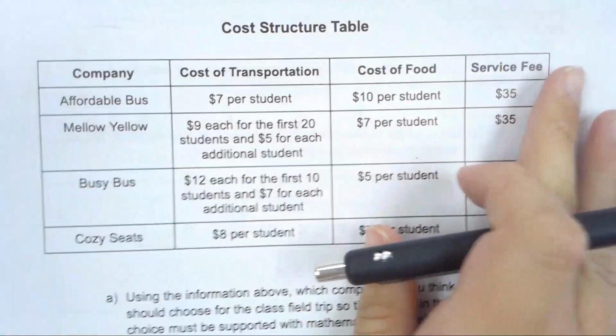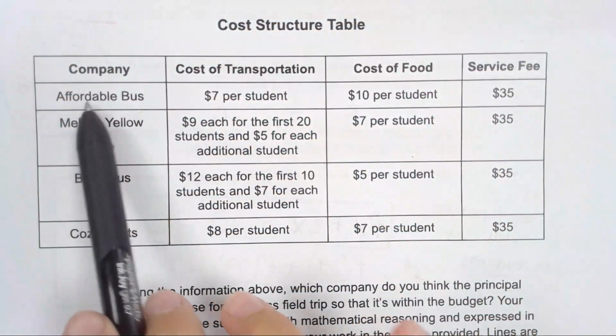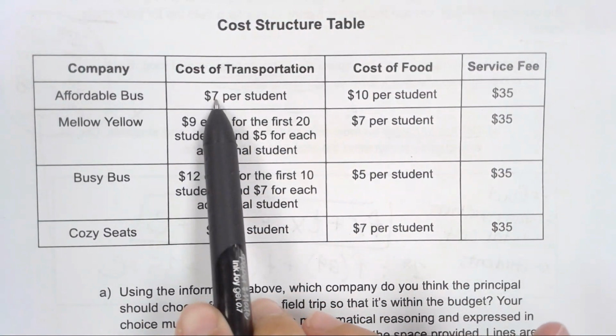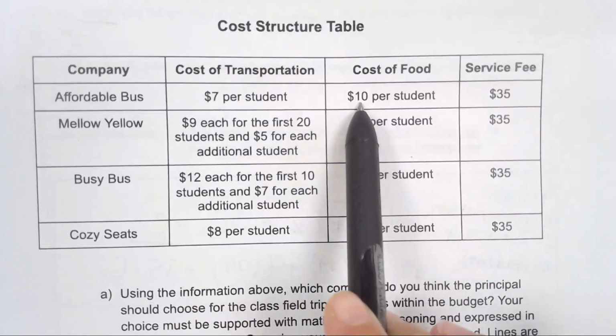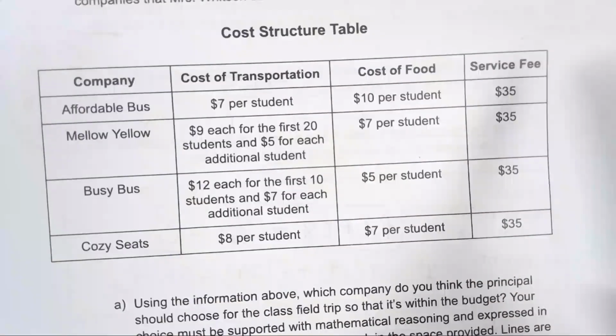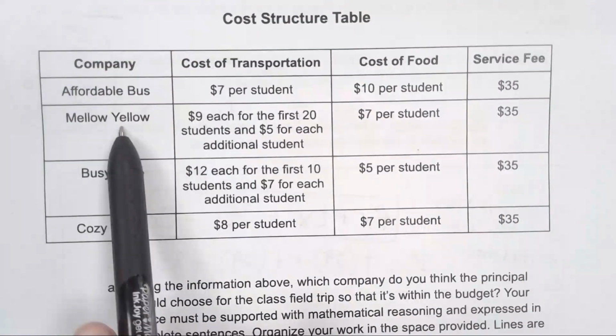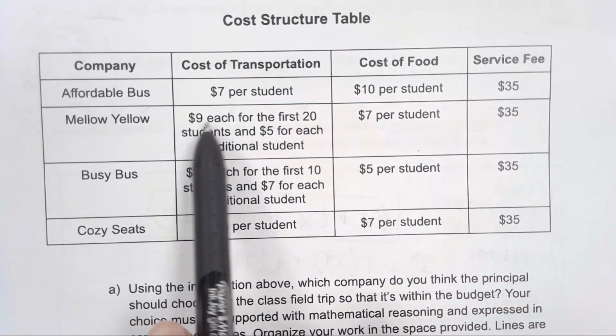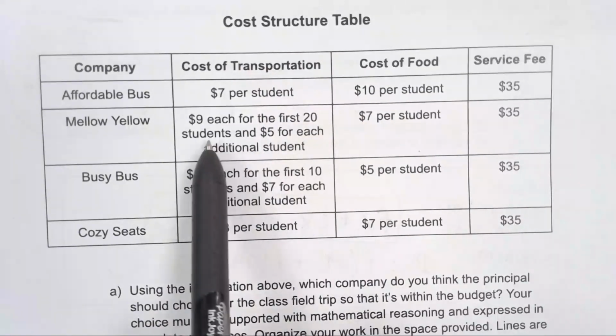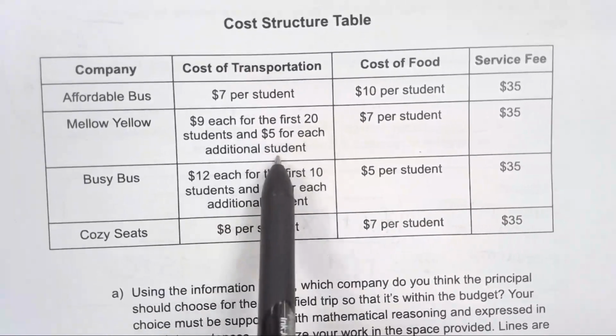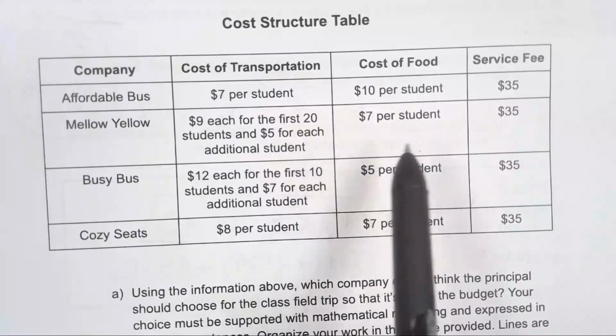So looking at the table here, our company Affordable Bus has transportation of $7 per student, $10 per student for food, and then the service fee of $35. We also have Mellow Yellow, so it's $9 each for the first 20 students and then $5 for each additional student after the 20.